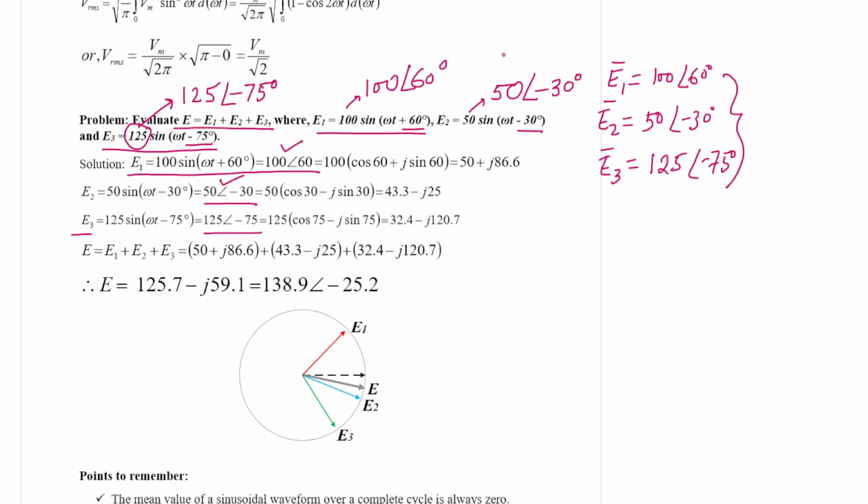Now if you add these three, the answer should not be 100 plus 50 plus 75, which is equal to 225.